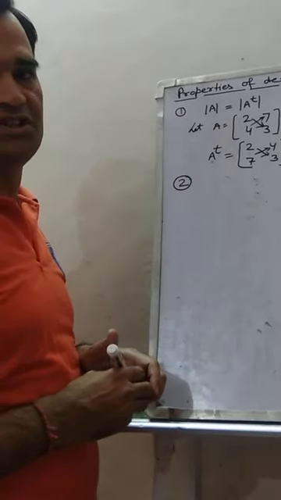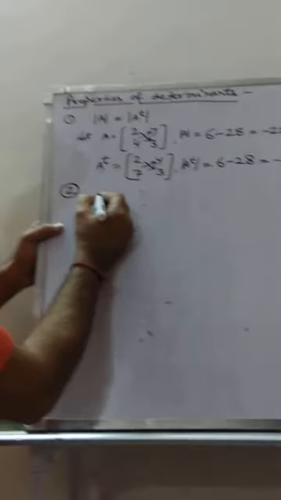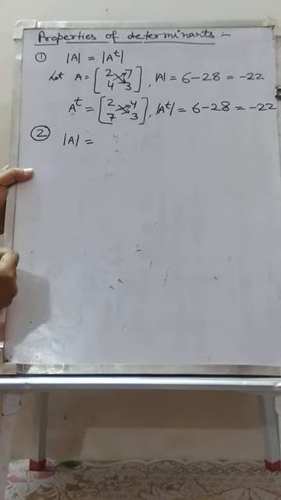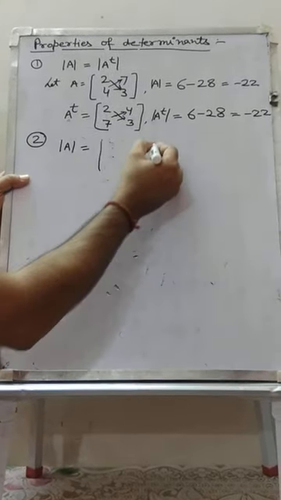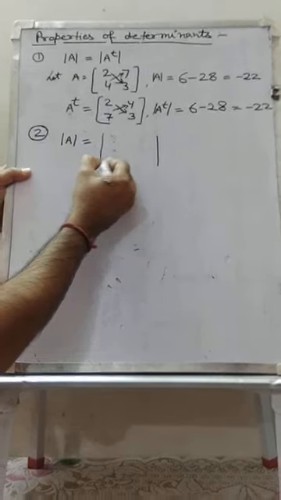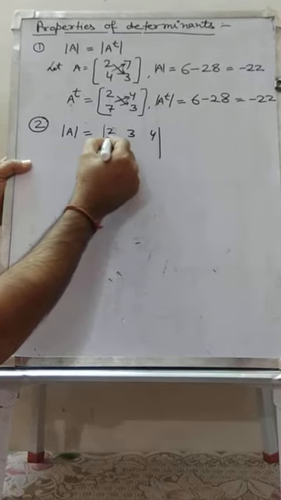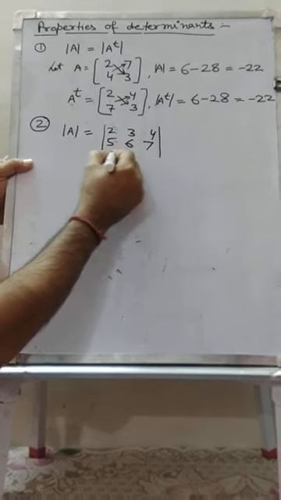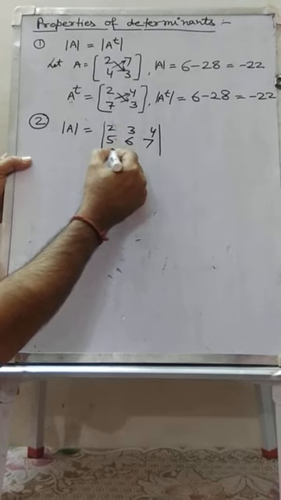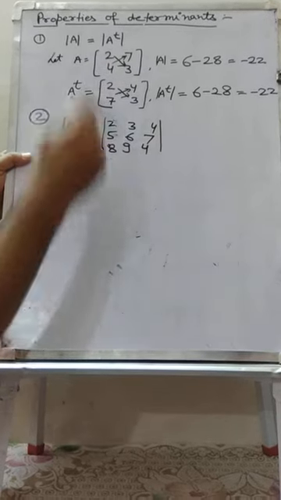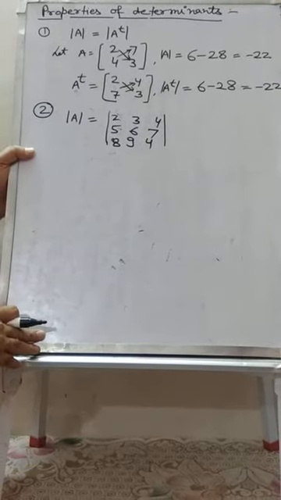Let A be a determinant with elements 2, 3, 4, 5, 6, 7, 8, 9 and 4.